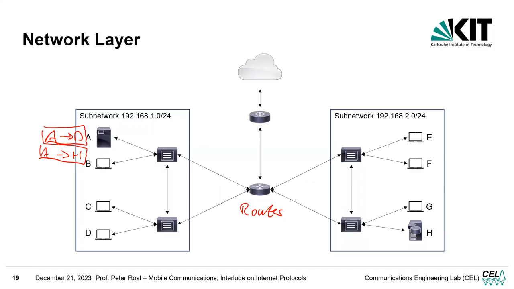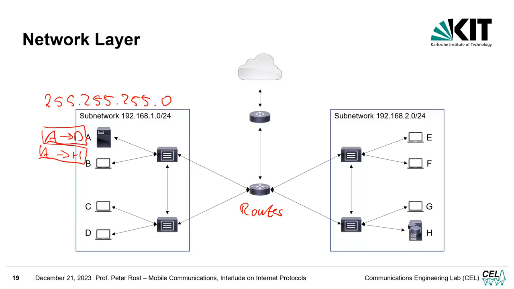And for this, we have so-called subnetworks or subnetwork masks. Take here, we have a subnetwork 192.168.1.0/24, and this /24 represents the subnetwork mask 255.255.255.0.